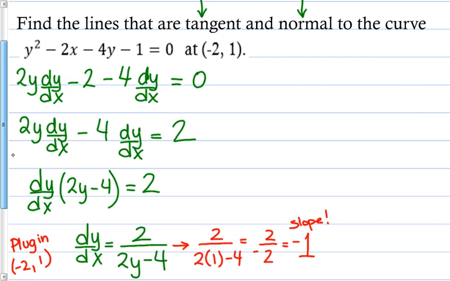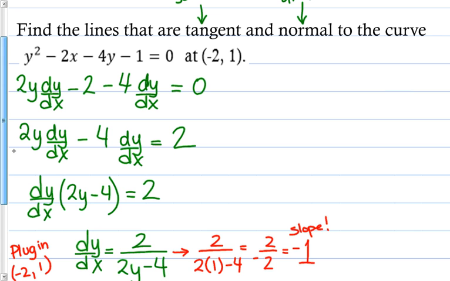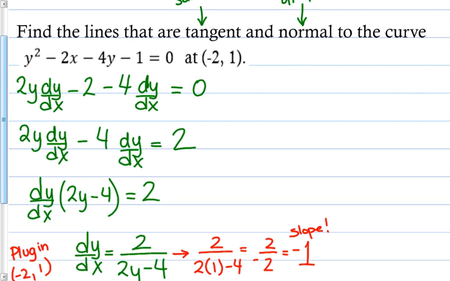Now that I have my slope, I'm going to write my equations. So for the tangent, I'm going to use y minus y1. y1 is 1, right? This is going to be my x1. This is going to be my y1.